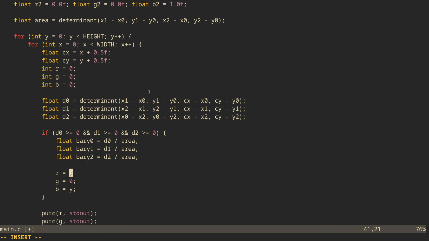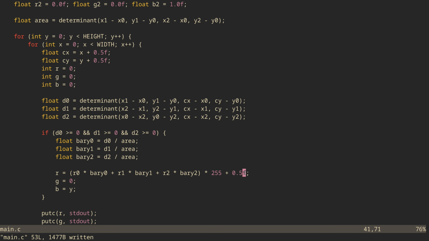And then the red component is just going to be red 0 times bary 0. We just do the weighted sum like this. And that gives us a number between 0 and 1. So we need to scale it up.